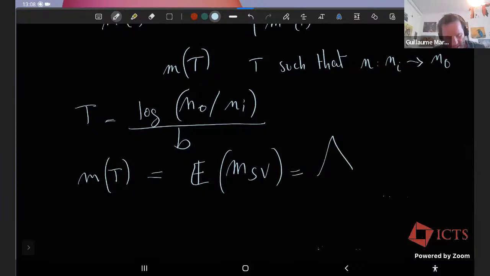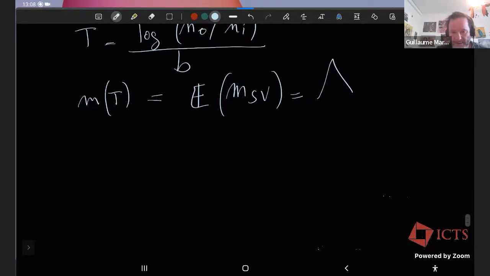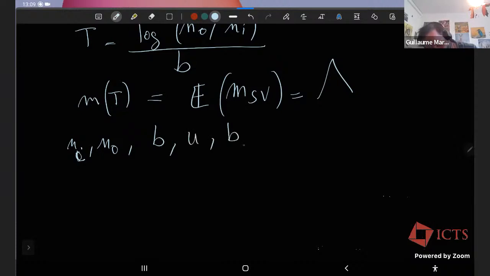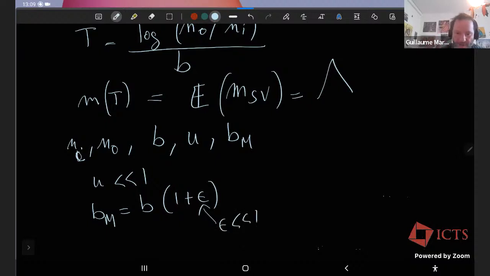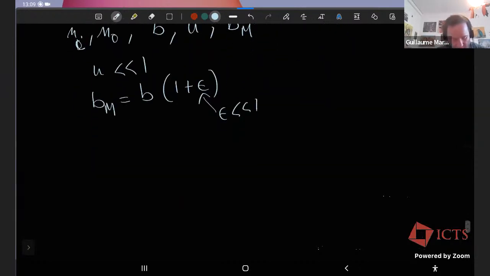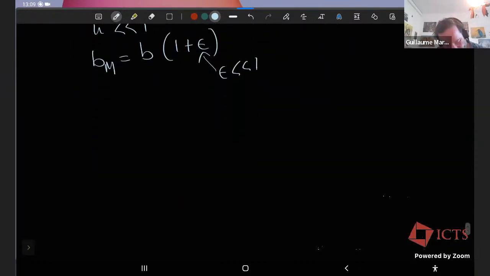This is now depending on all the parameters: the final size N0, the initial size, the birth rate of the wild type, the mutation rate, and the birth rate of your mutant. But if you say that U is small and that B mutant equals B times 1 plus epsilon, with epsilon small, so the mutants have a growth rate that is not too different in this environment from the growth rate of the wild type, then you have a leading order for that.